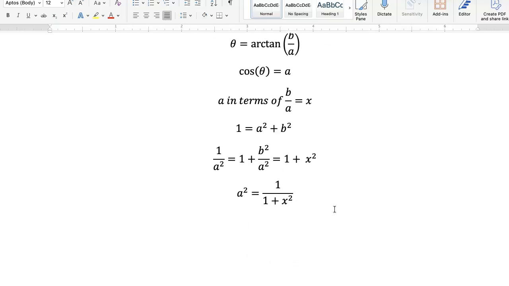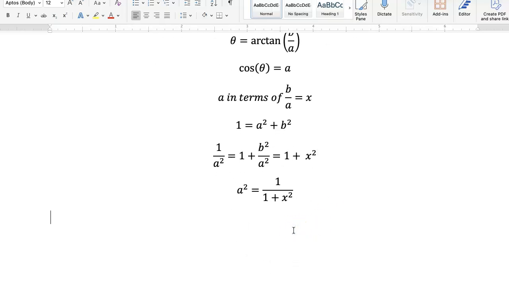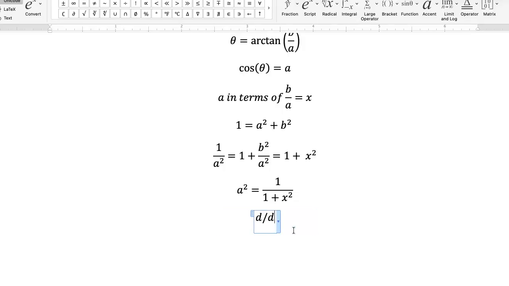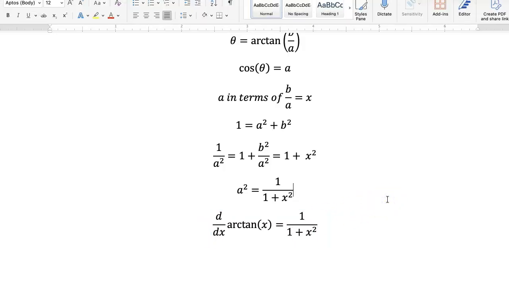And so we now know that the derivative of the arctangent of X is 1 over 1 plus X squared. And that gets us our answer. A little bit more complicated than the sine or the cosine, but not too much. And there you have the derivative of the arctangent.